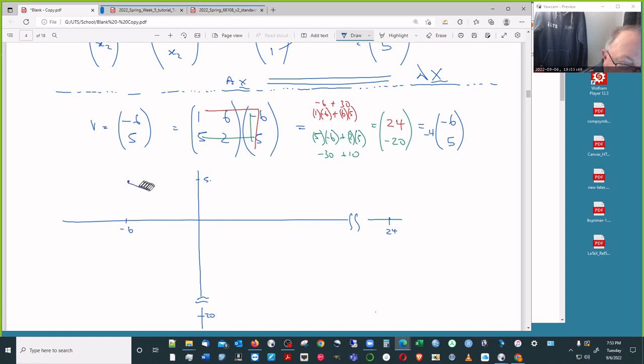So that's a reversal. That's our original V, and that's our transformed V. But it's still on the span, so it's the result of an eigenvector, eigenvalue idea.